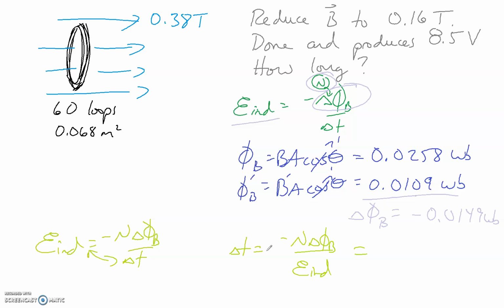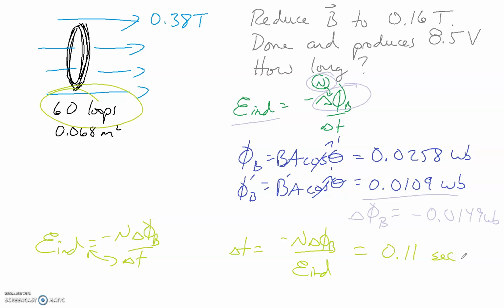So we have the change in flux, negative 0.0149, times the 60 loops, divided by my induced EMF, which was 8.5. I'll round off here, it's like 0.105, so about 0.11 seconds. That's how quickly the magnetic field was changed.